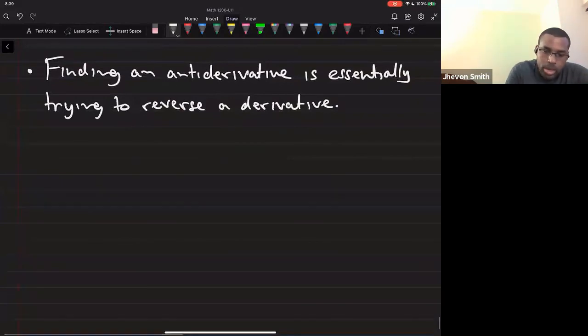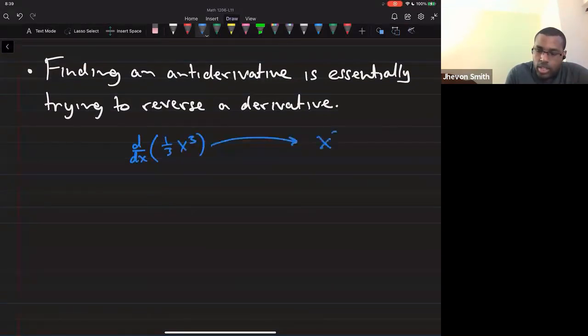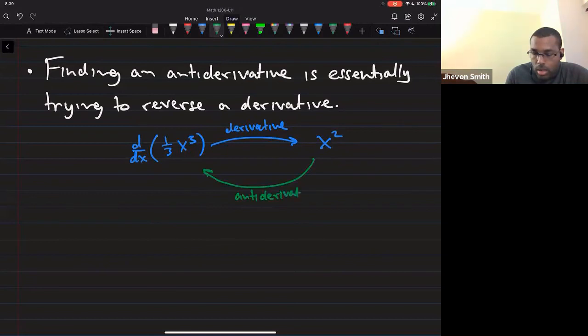So for example, I recognize that if I were to take d/dx of 1/3 x cubed, that would leave me with x squared, which is the derivative. Finding the antiderivative is going from x squared to there, right? This is the antiderivative. The x squared would give me back the 1/3 x cubed plus c, right?